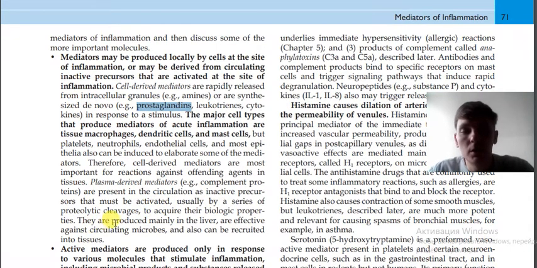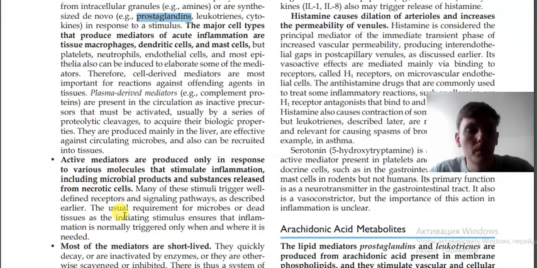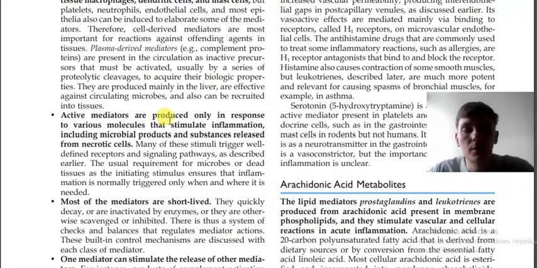They are produced mainly in the liver, are effective against circulating microbes, and can also be recruited into tissues. Then active mediators are produced only in response to various molecules that stimulate inflammation, including microbial products and substances released from necrotic cells.